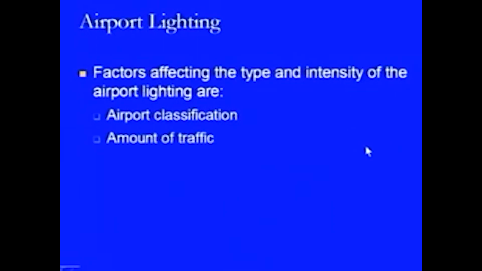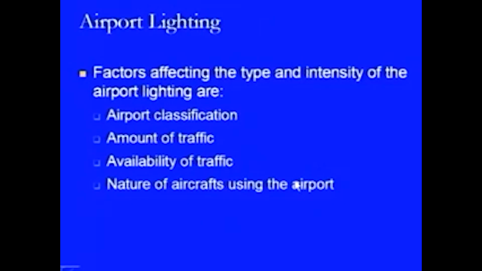What is the total amount of traffic coming to the airport which needs to be handled is another aspect which defines the type of lighting. Then the availability of traffic for that airport. The nature of aircraft which will be using the airport is another factor which may define how or at what particular position the lighting needs to be provided.